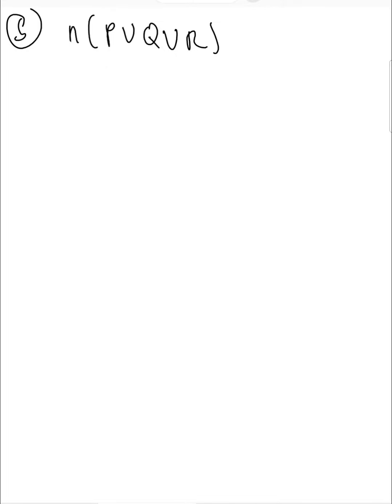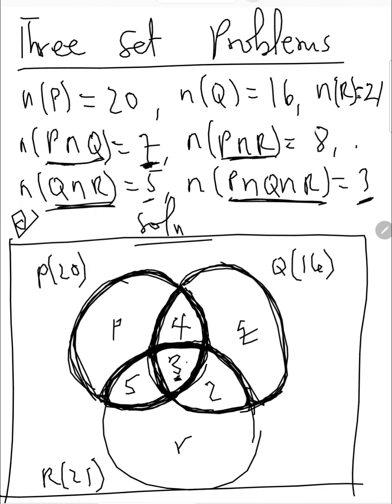So what it means is we must first find the values of each variable in the Venn diagram. I mean, we have to find the values of P, Q, and R. Then once we are able to get all these values, we can sum all of them to get our universal set.